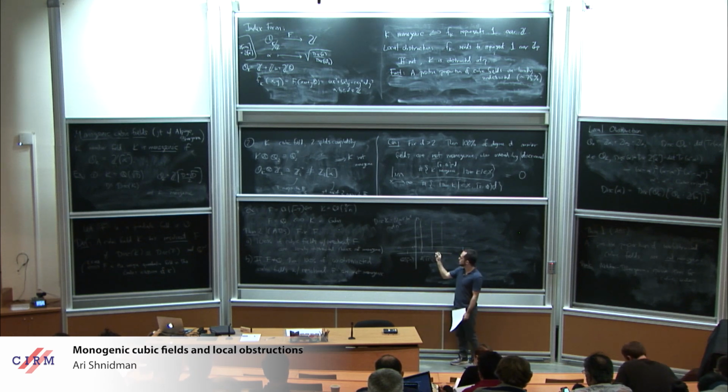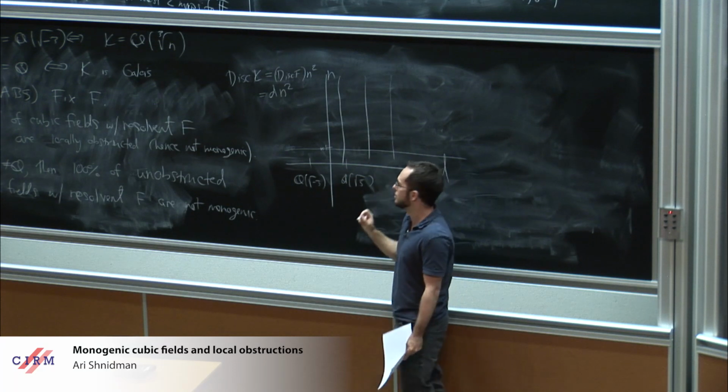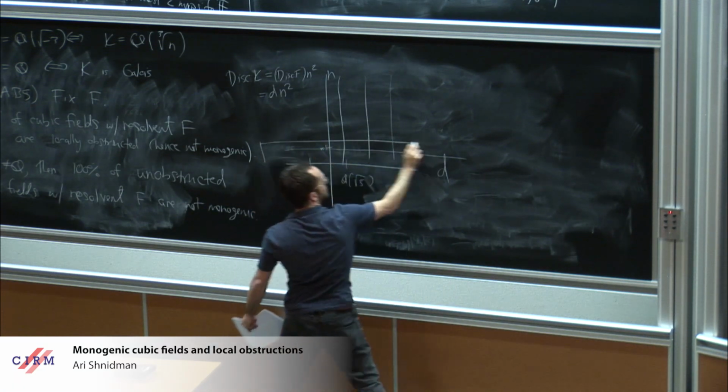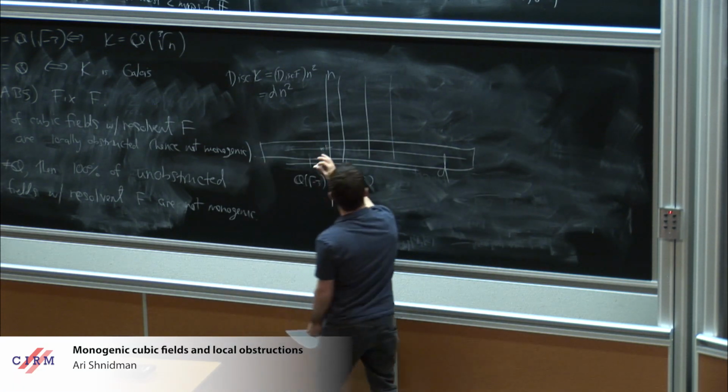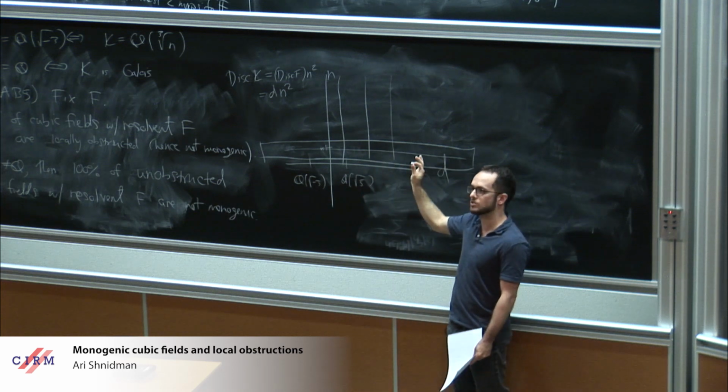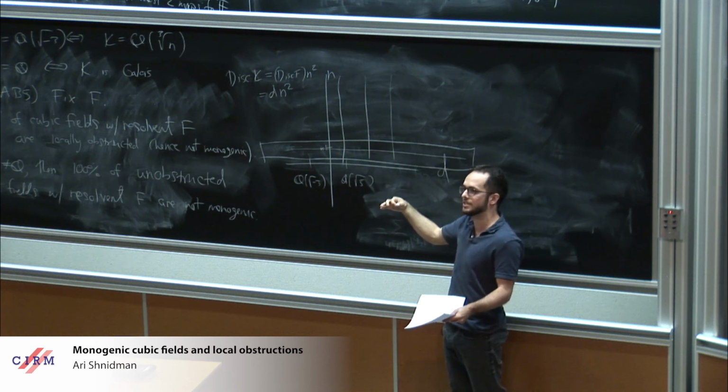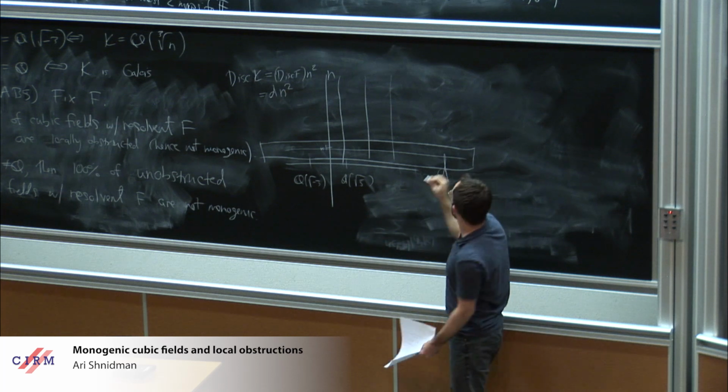At any one point here, you might have more than one cubic field. There's only finitely many, and you might have 0, but you might also have more than one. So if you just look at this cross-section, you're exactly looking at the set of all cubic fields of fundamental discriminant, and that is a positive proportion of all cubic fields.